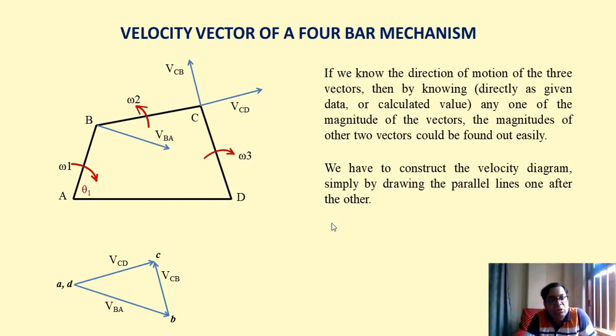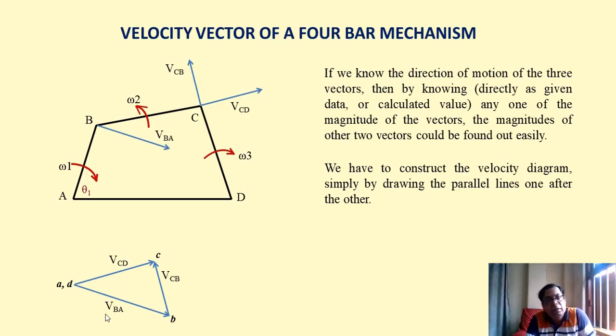Then we must know that velocity equals r into omega, that is omega, 2 radian per second, multiplied by r, the distance from A to B, which is 5. So 5 into 2 is 10 meter per second. So velocity VBA is representing 10 meter per second velocity. It is not representing any distance, it is representing a velocity.